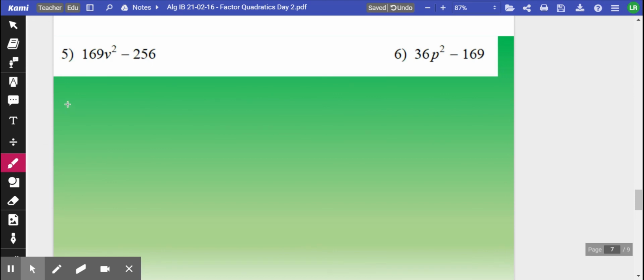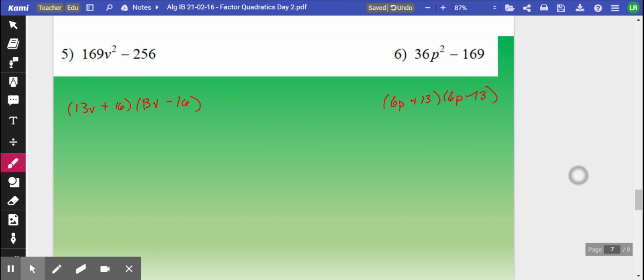All right, for number 5, we should have 13v plus 16 and 13v minus 16. For number 6, we should have 6p plus 13 and 6p minus 13.